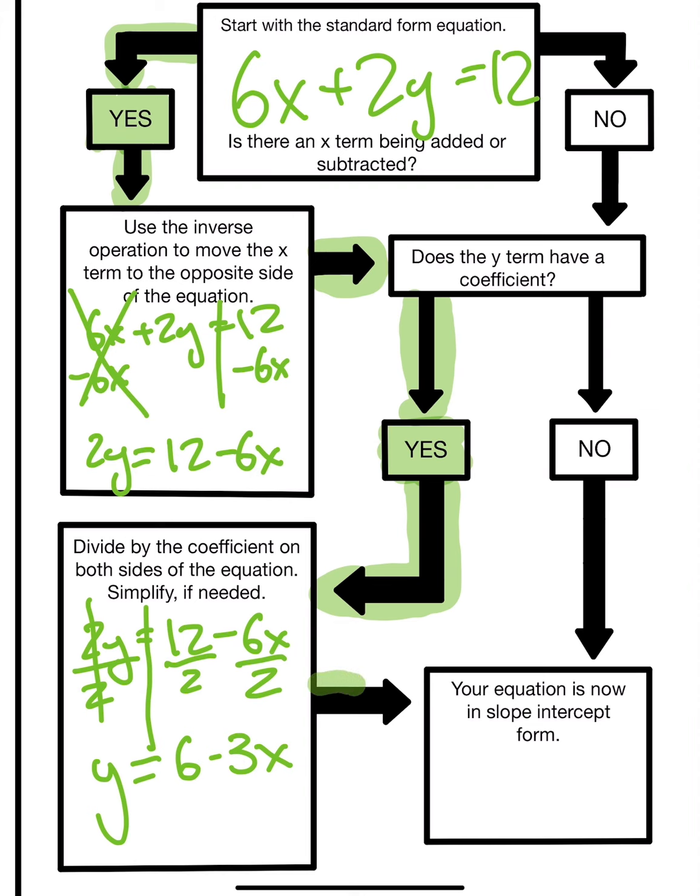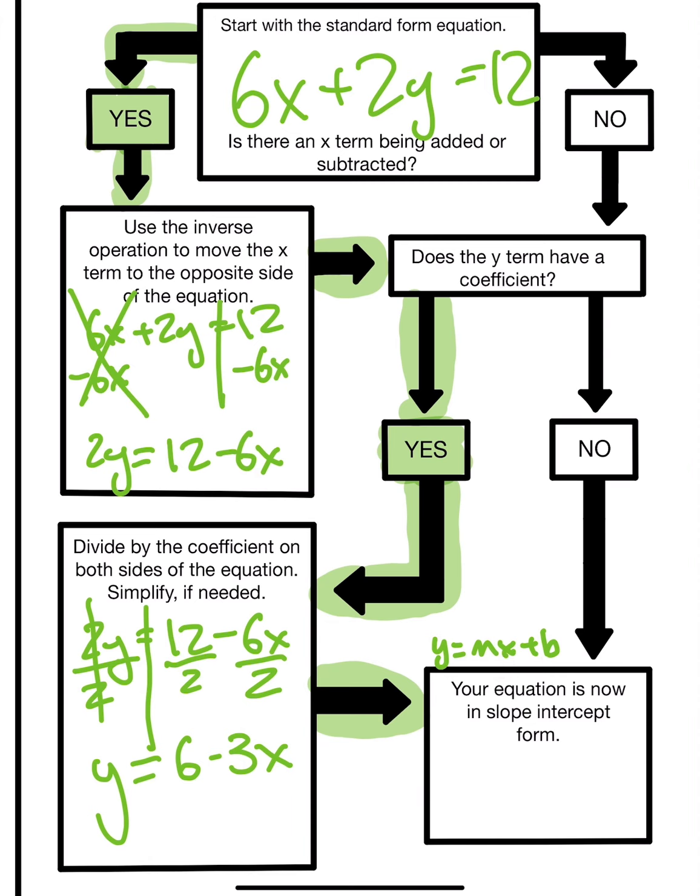So let's follow the arrow to the next one where it says your equation is now in slope-intercept form. Okay, well, it's not quite yet because remember, your slope-intercept is going to be y equals mx plus b. So we want our x term to come first. Whatever has an x in it needs to go first.